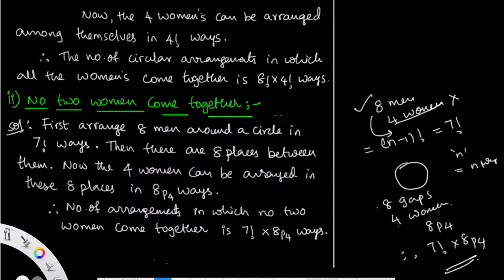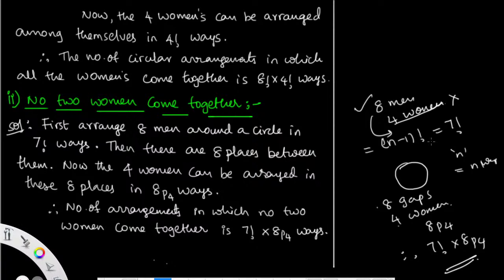No two women come together means always first keep the 4 women aside. Then you have 8 men. These 8 men can be arranged in a circle in 8 minus 1 factorial, that is 7 factorial ways. Then in between them we find the gaps. Totally 8 gaps.